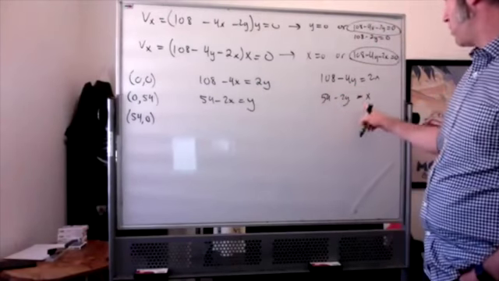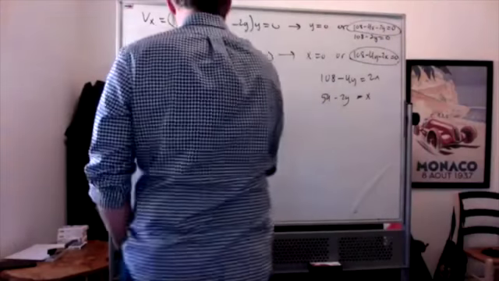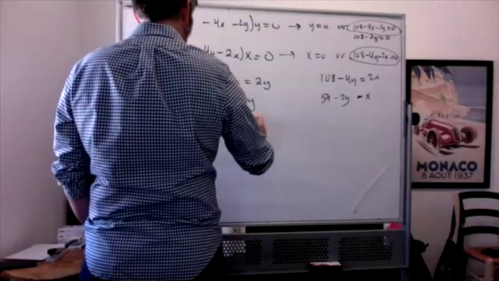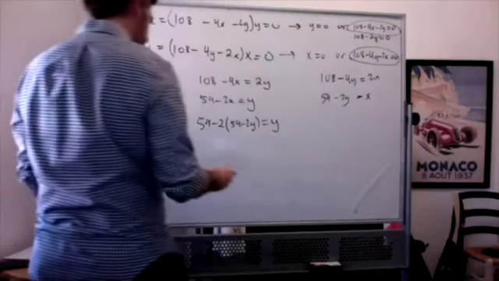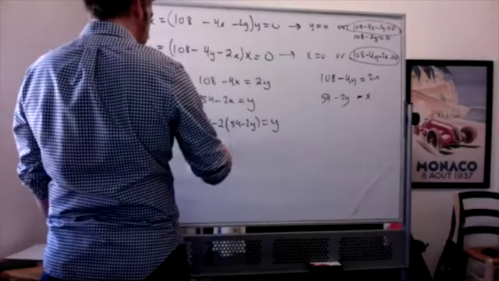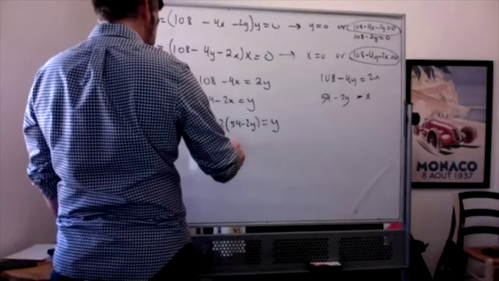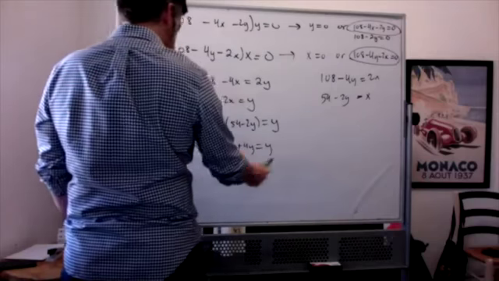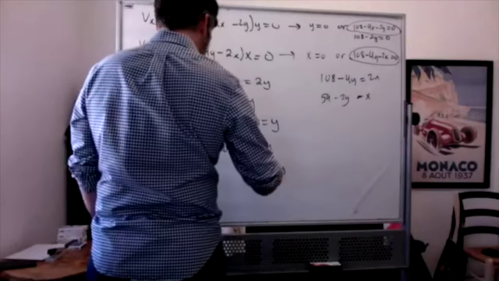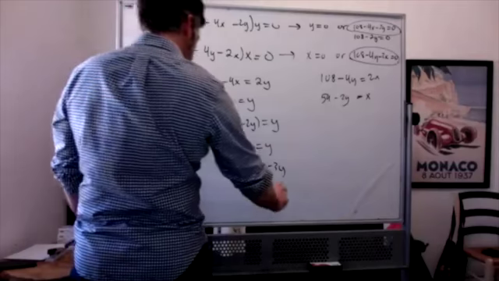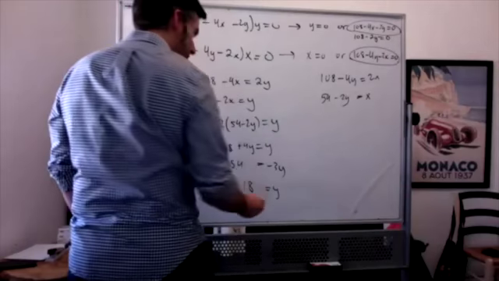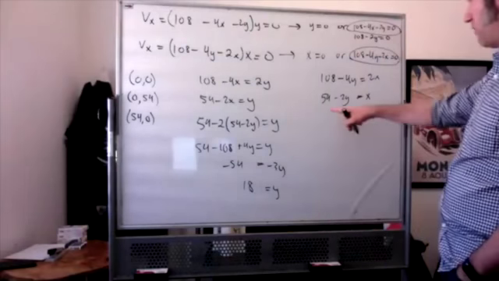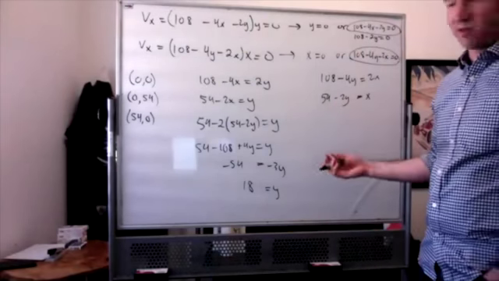So then, if we plug that in here, we can say that 54 minus 2 times 54 minus 2y equals y. So solving this, we get 54 minus 2 times 54 plus 4y equals y. Subtract 4y, negative 3y equals negative 54. So y equals 18. If y equals 18, x should also be 18. And it is, right? 54 minus 2 times 18 is 54 minus 36, which is 18.